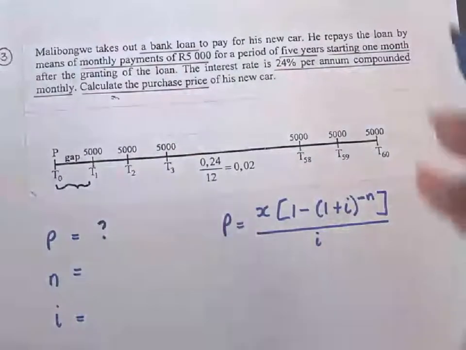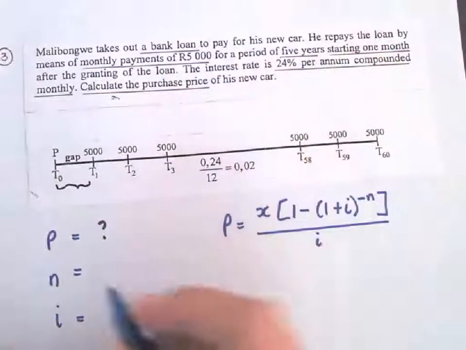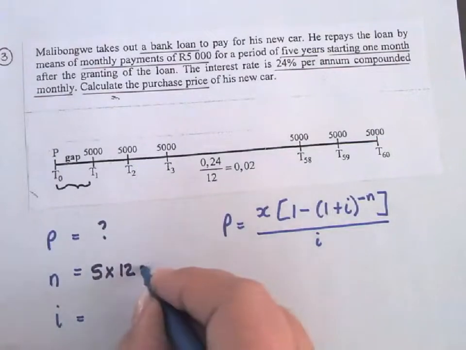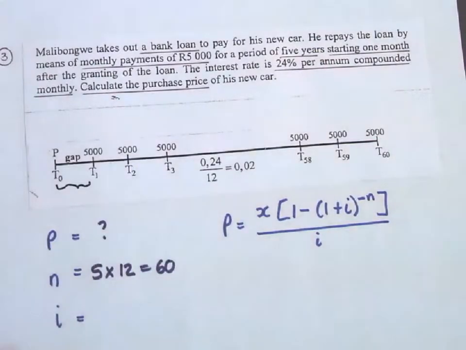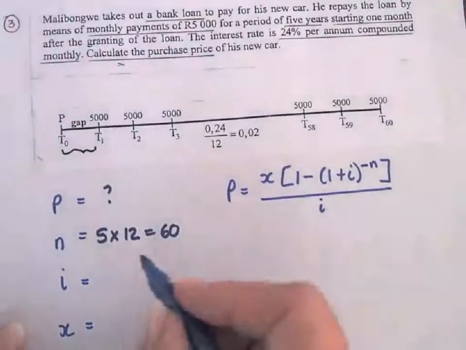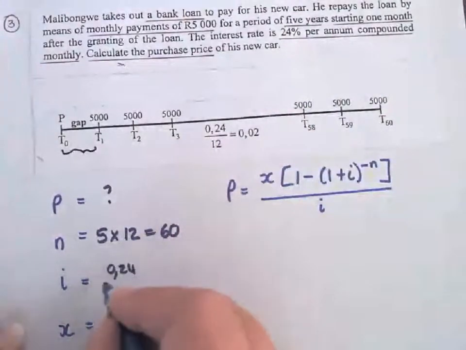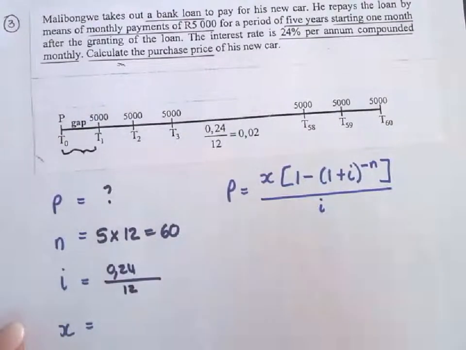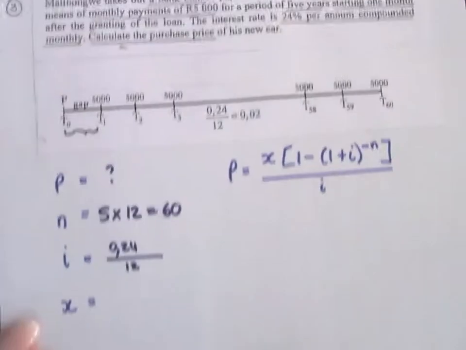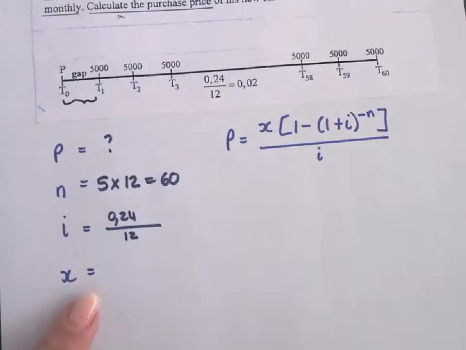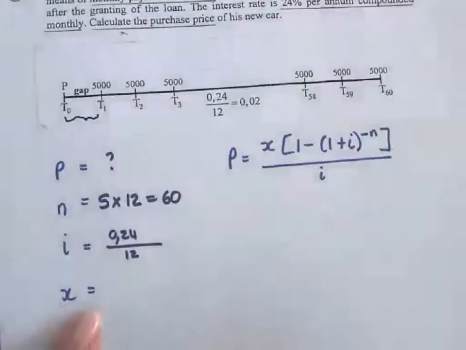N is 5 years times monthly payments, so it's times 12. That is 60. I is 24%, so it's 0.24 divided by monthly payments. And X is 5,000 rand.